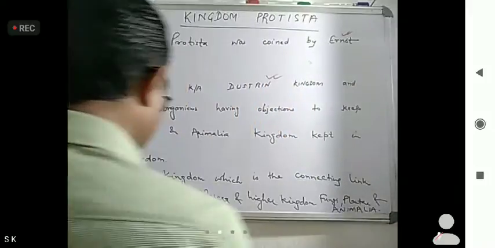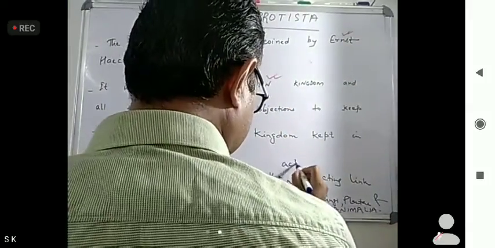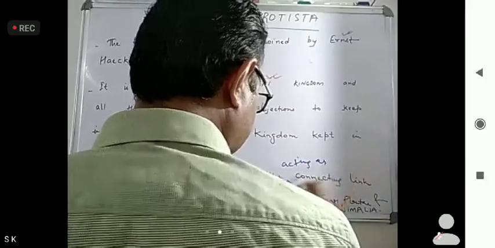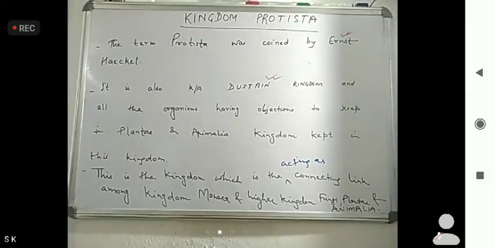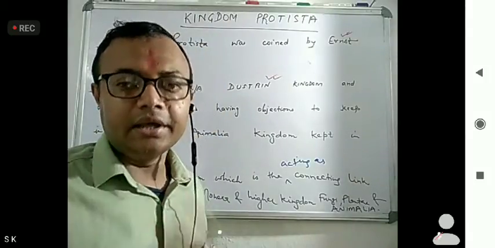Okay, so this kingdom is acting as a connecting link among Kingdom Monera and the higher kingdoms. What were they? Fungi, Plantae and Animalia.